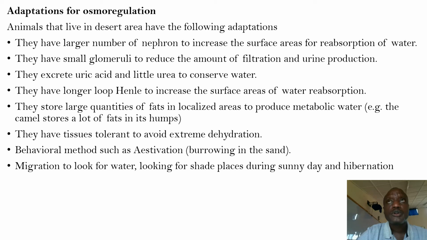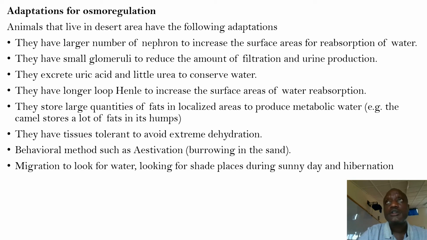Most desert animals tend to have a longer loop of Henle. Remember, the longer the loop of Henle, the greater the surface area for water reabsorption. So we have two categories of animals. Some live in desert areas, others live in semi-desert areas.